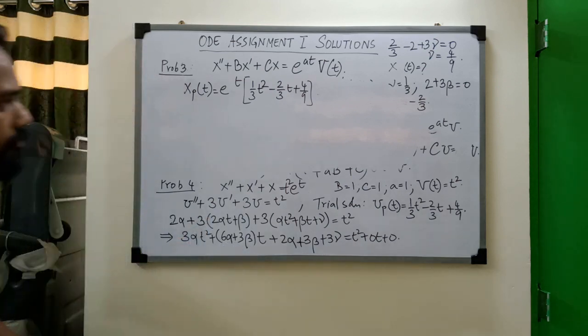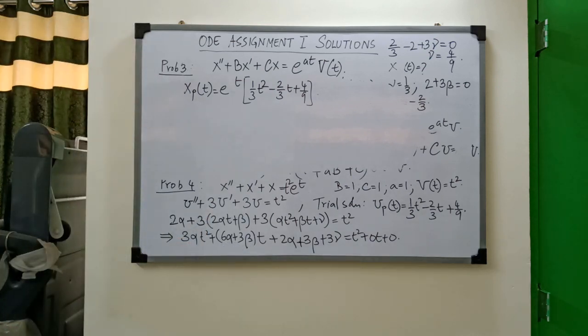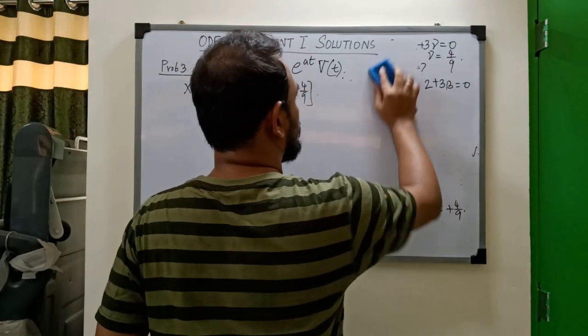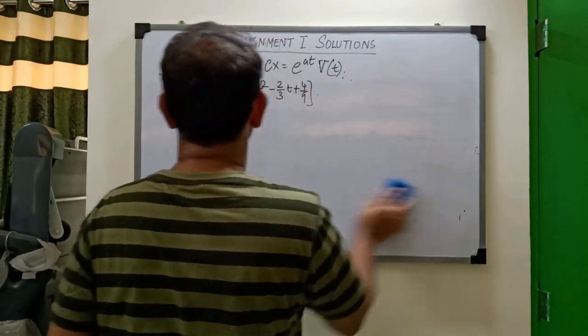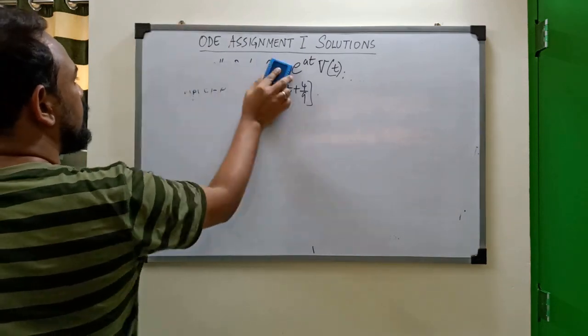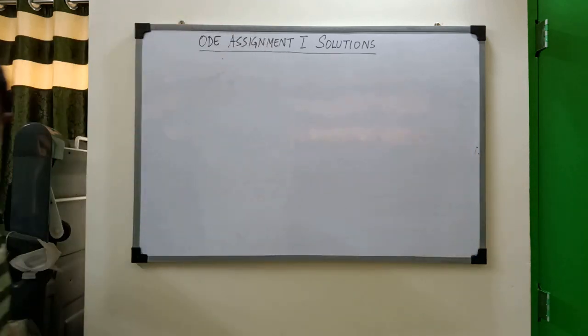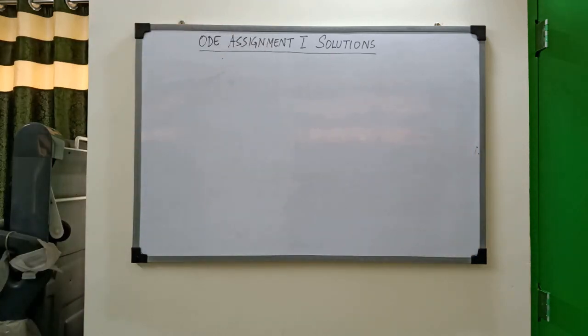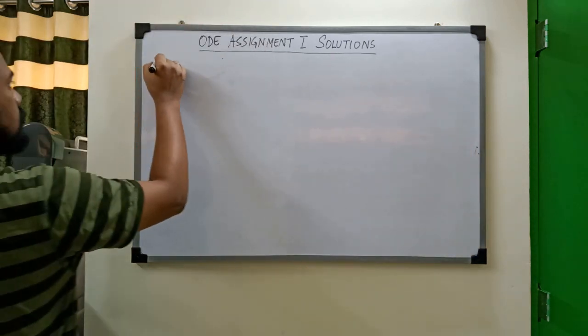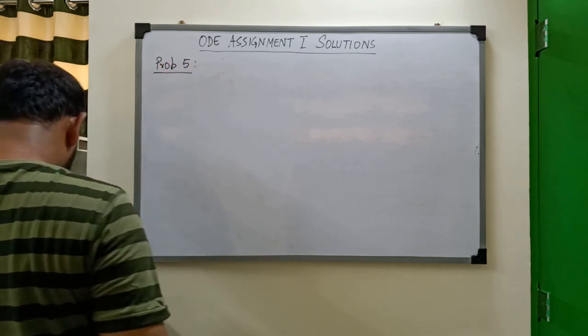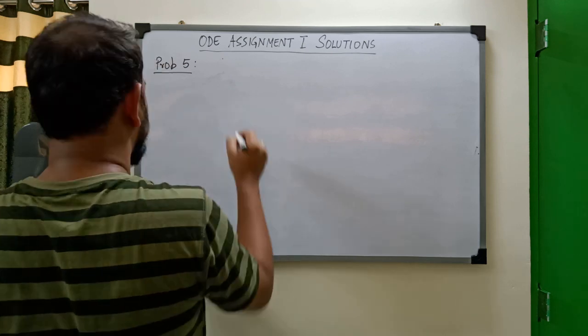Okay, one more final problem is problem 5. This was problem 4. Okay, let's just get rid of that. We've solved it. The final one is problem 5, which is to solve this.